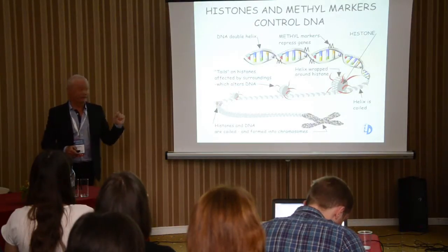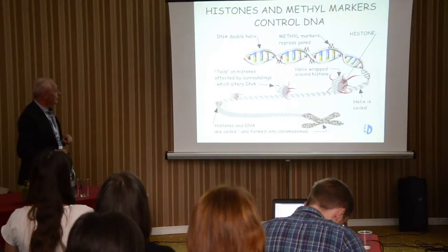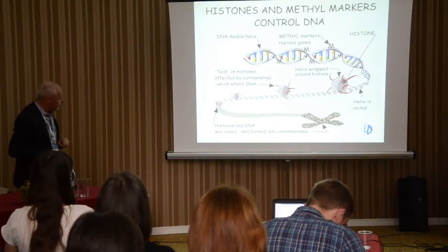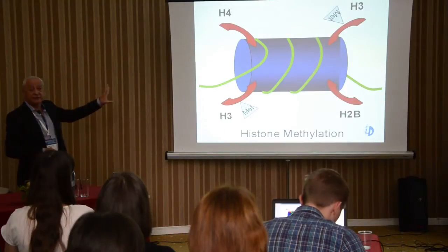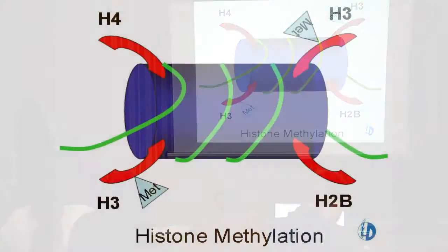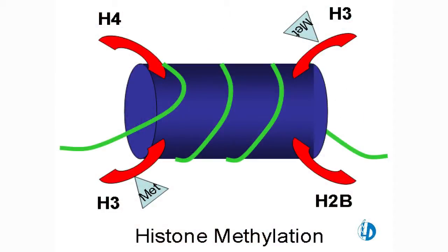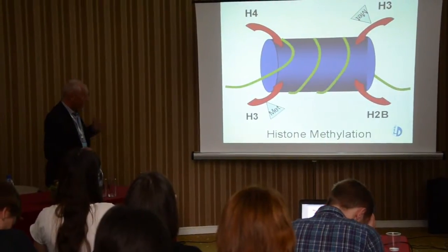This is very important. Now you can see that this double helix is wrapped around the histone, and the histone and the double helix are wrapped together to make one chromosome. Now this is a histone molecule in blue, and in green you have the DNA around it, and this is a tail of the histone where the methylation can occur.